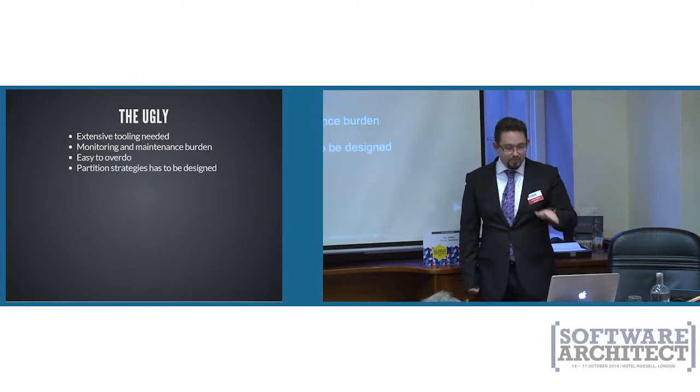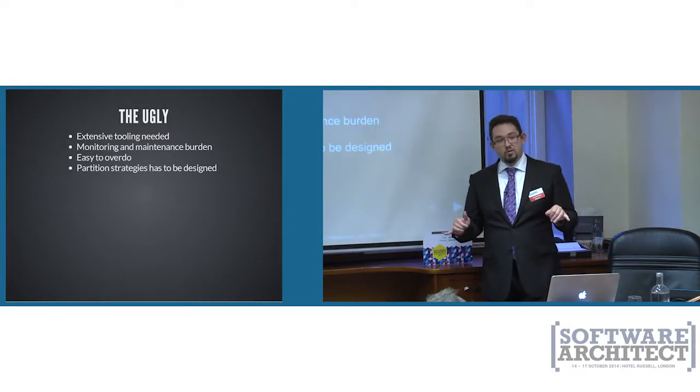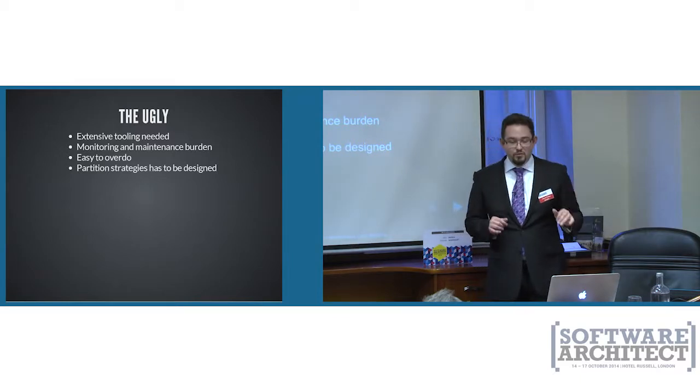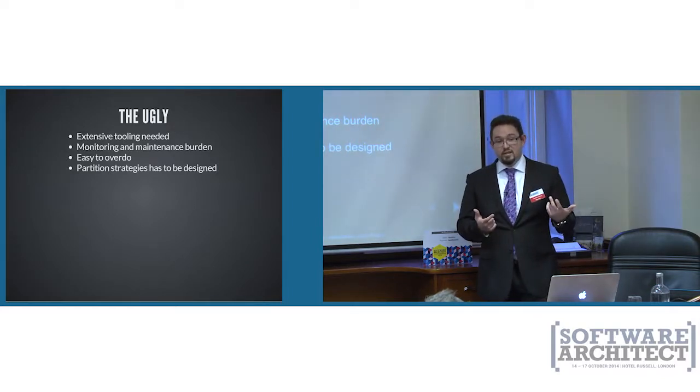And also, you have to design partitioning strategies. So the key problem is not necessarily the context, but who owns the data. So if you denormalize your database, or if you have to implement the same entity around the context, then you have to be very, very careful.